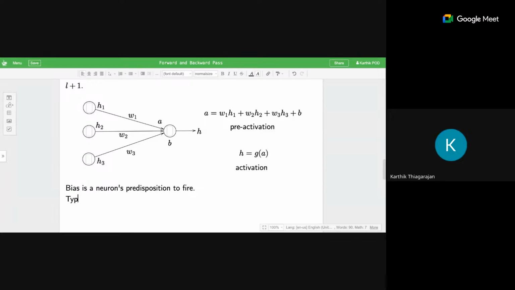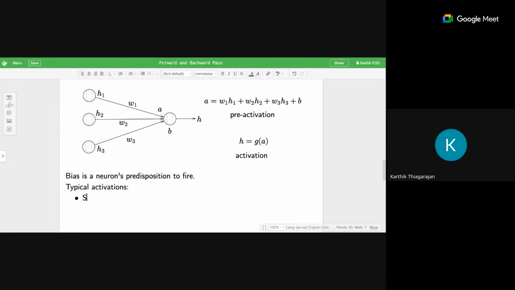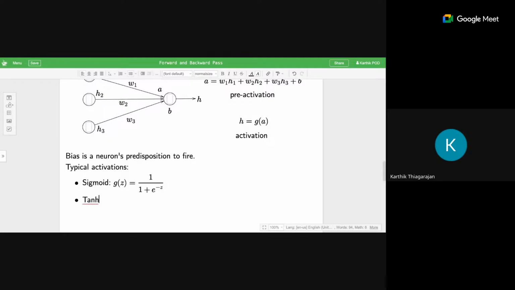Okay, so typical activation functions include the following. You have seen sigmoid, a very common function: g of z equal to 1 by 1 plus e power minus z. Then you have tanh. I don't remember the formula for tanh, again some function of e power z, e power minus z, so you can refer to that.